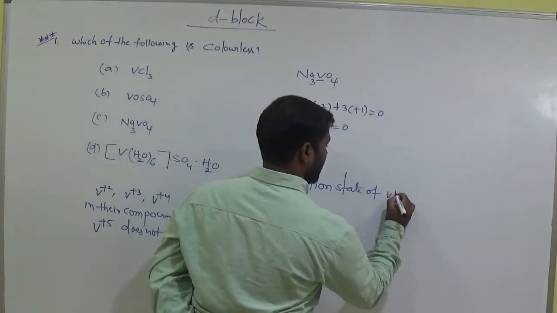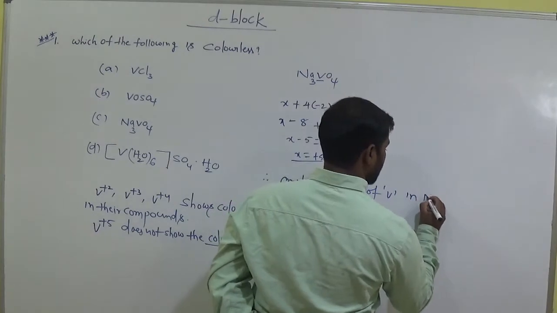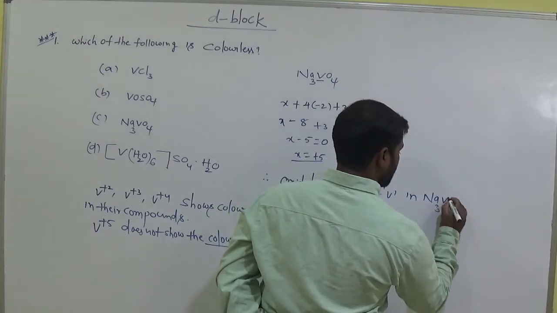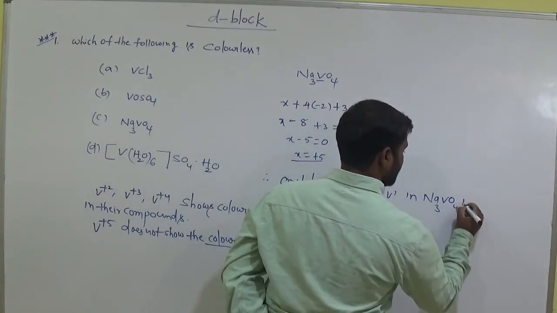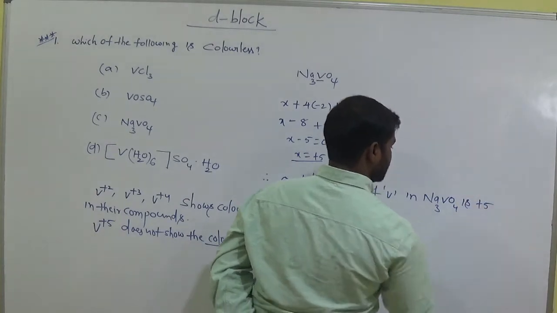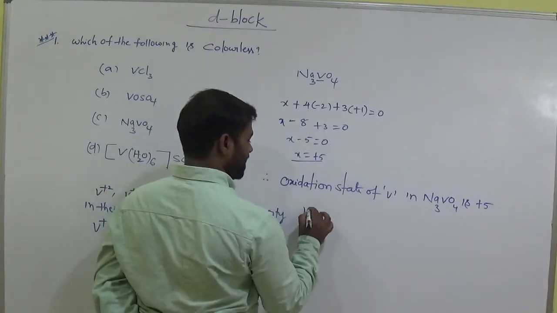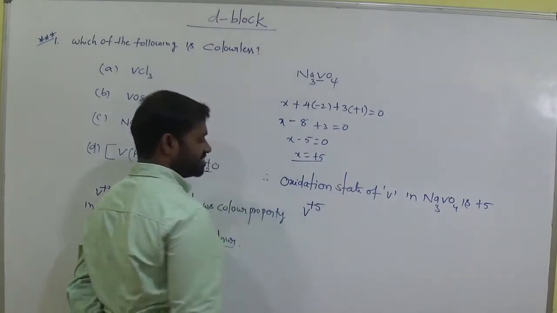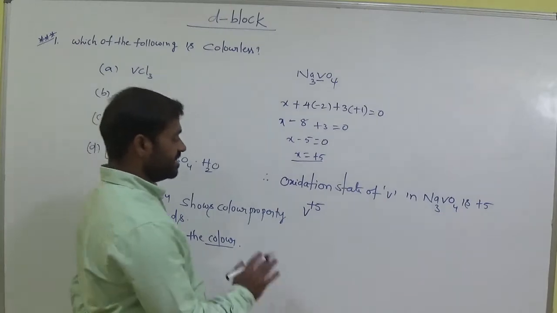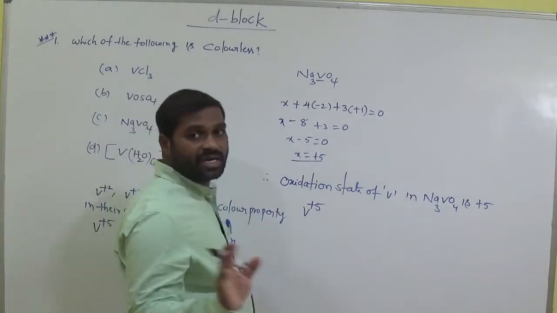Therefore the oxidation state of vanadium in Na3VO4 is +5. That means in this compound the vanadium is as V+5 ion. Now is it a colored compound or not?